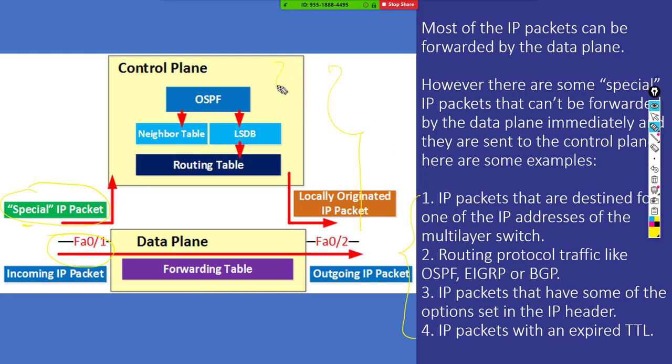So basically the management plane is also situated here, but that is not disturbing us for our normal traffic. So let's say this is my 4500 or a multi-layered switch. It has multiple switch ports.